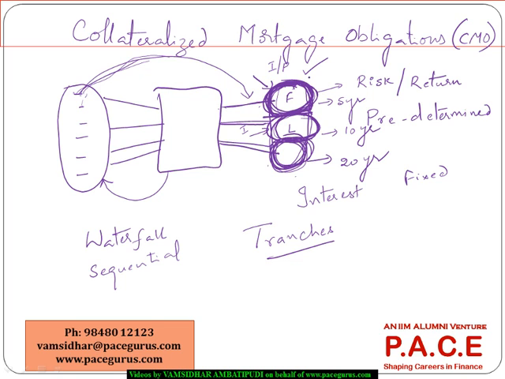Only after this group finishes receiving all the principal and is completely paid off, then this group will start receiving the principal portion. Otherwise, until that time, this group will receive only the interest portion of whatever payments are coming up.